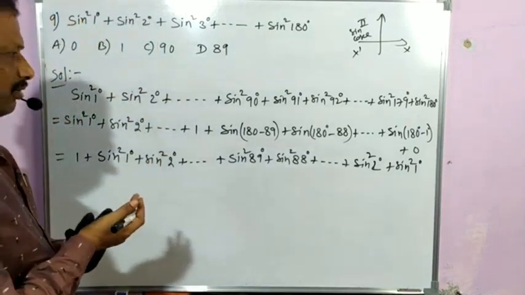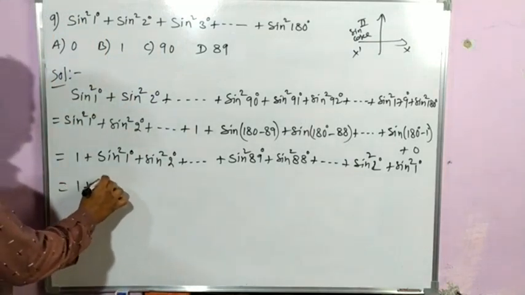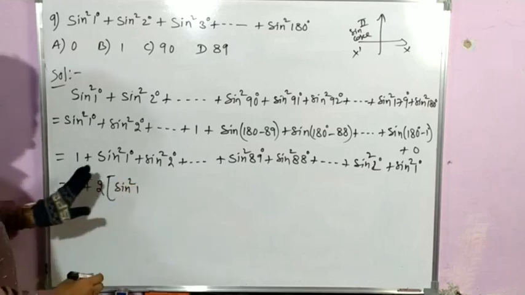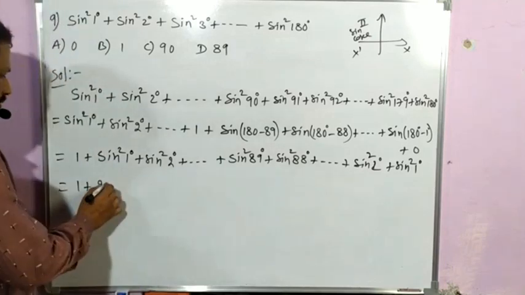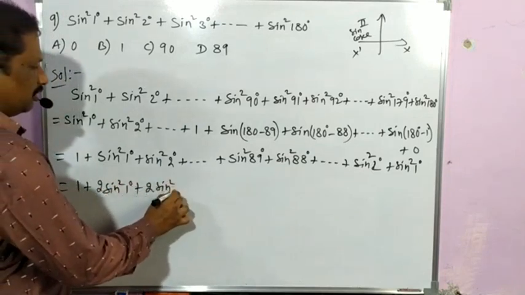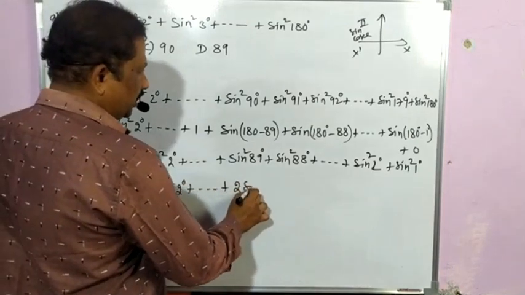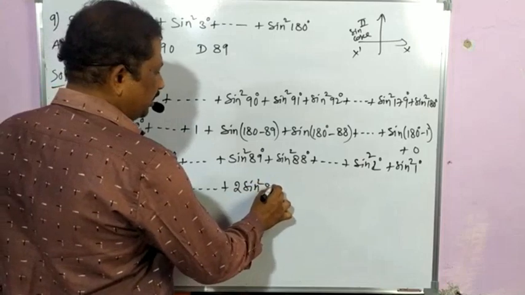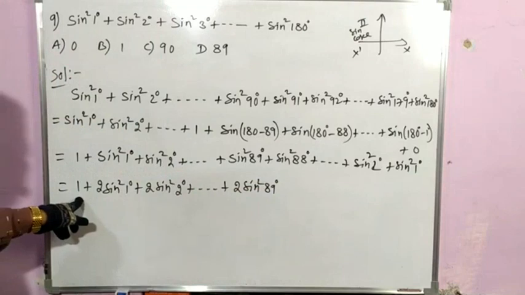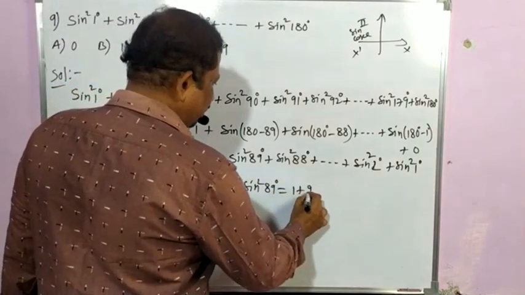So you write 1 plus 2 into sine square 1. Otherwise, one more step is like 2 sine square 1 degree, 2 sine square 2 degrees, plus so on, plus 2 sine square 89 degrees. 90 we have already written here as 1. So next step, what again? 1 plus, take out 2 common.